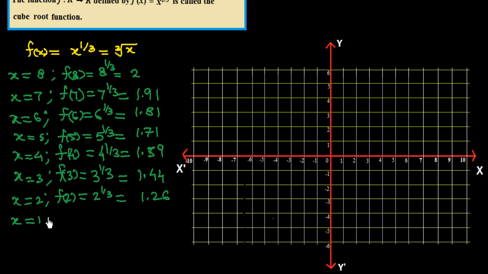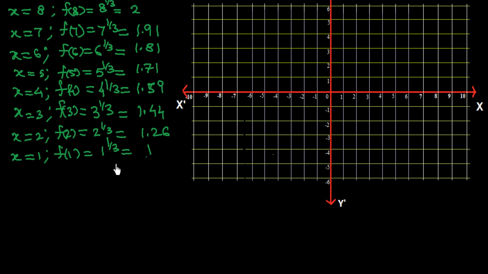If we take x is equal to 1, then f of 1 is 1 to the power 1/3, which is 1. Similarly, if we take 0 first, x is equal to 0, then f of 0 is 0 to the power 1/3, which is 0.